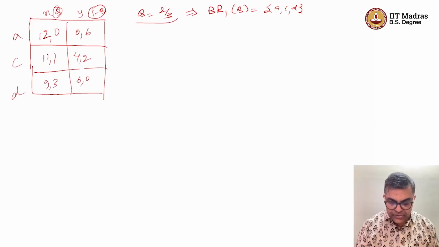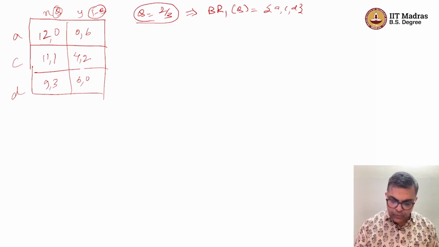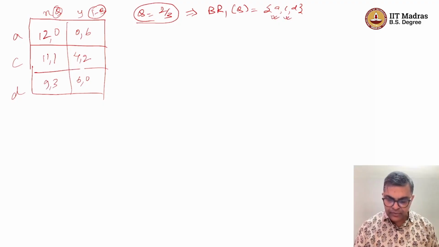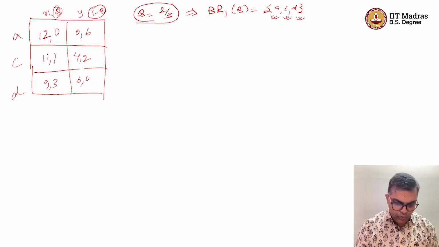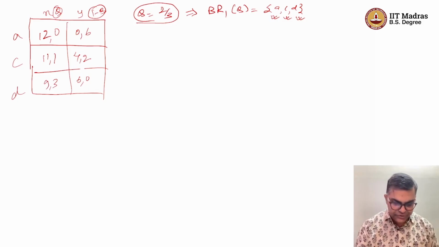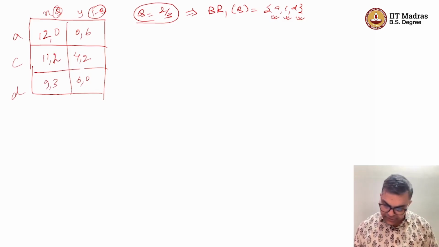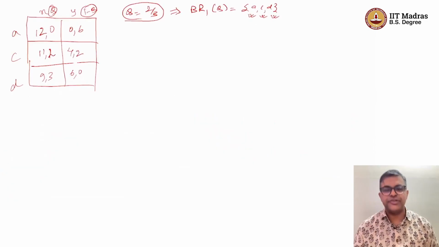If player 2 is mixing between X and Y with probability 2 by 3 and 1 by 3, then player 1 will get the same payoff from A, the same payoff from C and the same payoff from D. It means player 1 can also mix between A, C and D, but let us first focus on a pure strategy. This was 2 perhaps, let me check, yes, this was indeed 2.